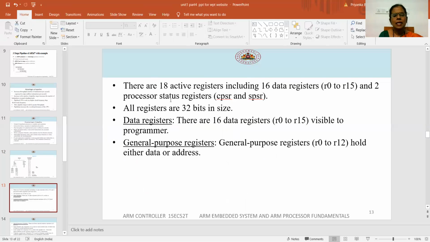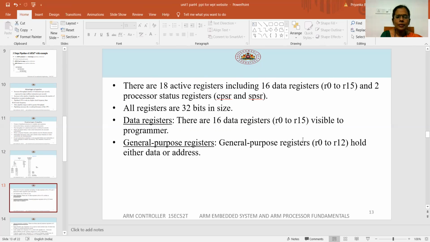All registers starting from R0 are 32-bit in size. And there are 16 data registers R0 to R15. They are visible to the programmer. And general purpose registers are R0 to R12. They hold either data or address. So data registers are R0 to R15, general purpose registers R0 to R12.